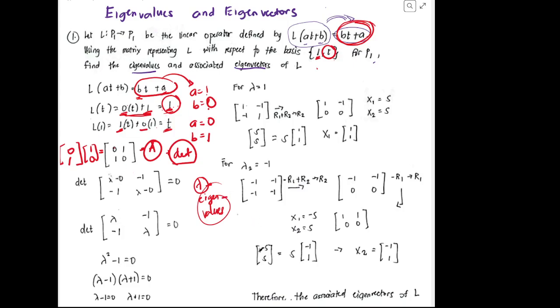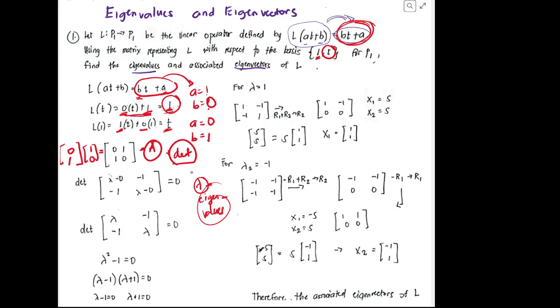Now, from our matrix 0, 1, 1, 0, we have two options to get the characteristic equation. First, we can directly subtract the eigenvalue, or the lambda.